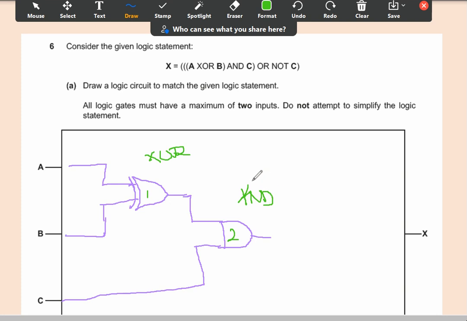All right. Before you go to the OR not C, you would need first to have the gate for not C. Again, the NOT gate is just simply that way. So we have to draw this kind of gate from your C input.